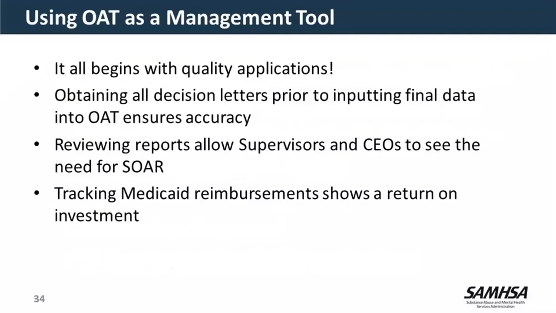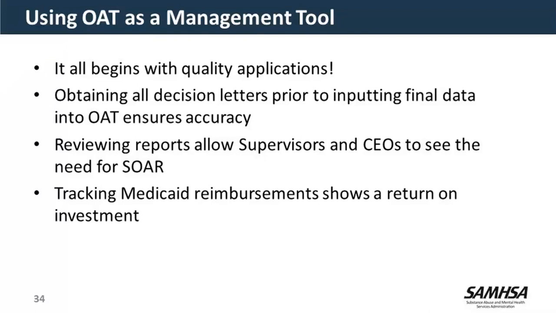So using OAT as a management tool, it all begins with quality applications and using your SOAR identification screening tool. Obtaining all decision letters prior to inputting the final data into OAT, that's crucial down here right now. That's a whole conversation that we're having in Florida right now, about waiting until you get your award letters in order to put that information in.